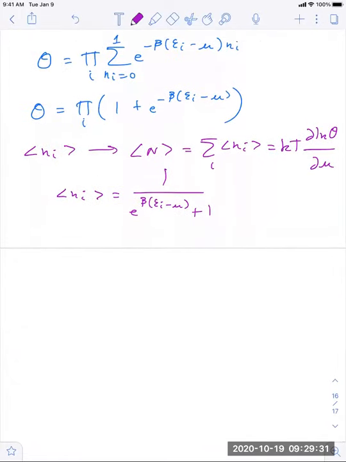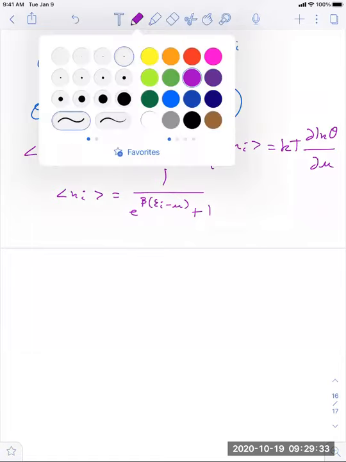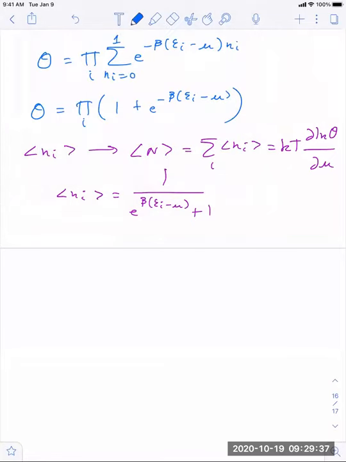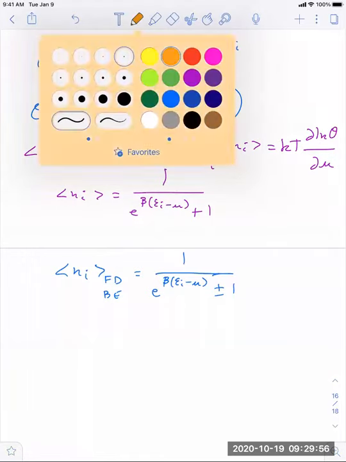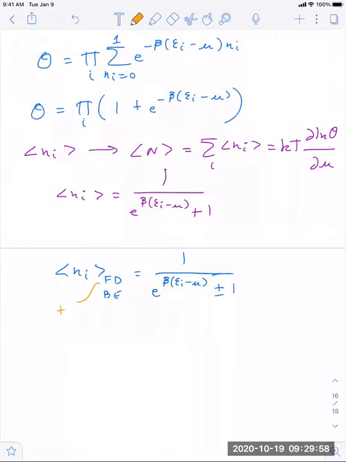So this is essentially the same thing as the Bose-Einstein equation. This is called the Fermi-Dirac. So I can say that the average number of particles for a Fermi-Dirac or Bose-Einstein system is just 1 over e to the beta times (E minus mu), plus or minus 1, where it's a plus for Fermi-Dirac and it's a minus for Bose-Einstein.